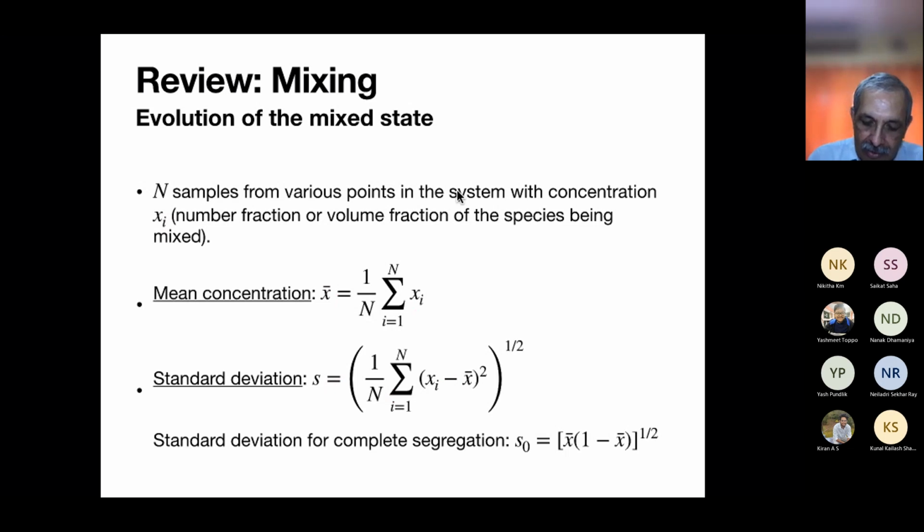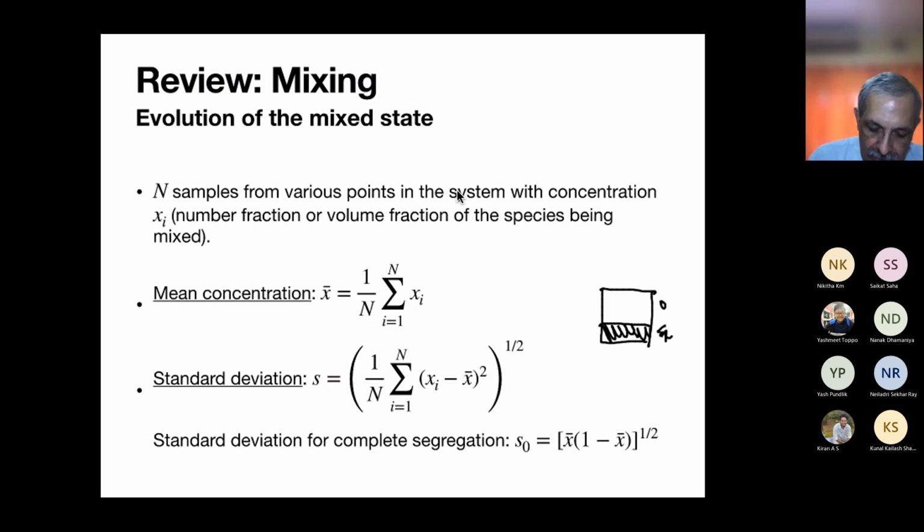deviation. And we also saw that if the system is completely segregated, let's say, you are in a situation like this where your this is x bar and this over here is 0.